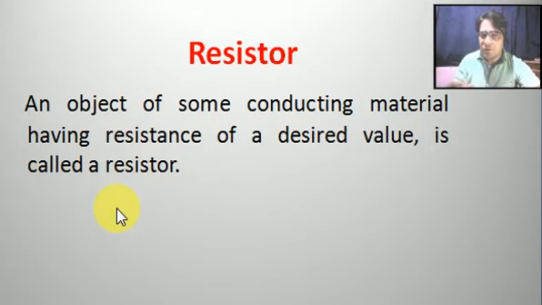It obstructs the flow of electric current. तभी जाके हम बोलते हैं कि इसमें एक अच्छी खासी रेजिस्टेंस होती है. So we can define a resistor as an object of some conducting material having resistance of a desired value is called a resistor.